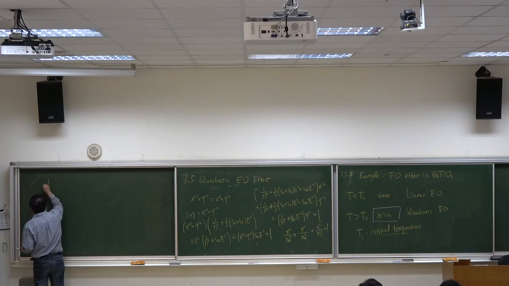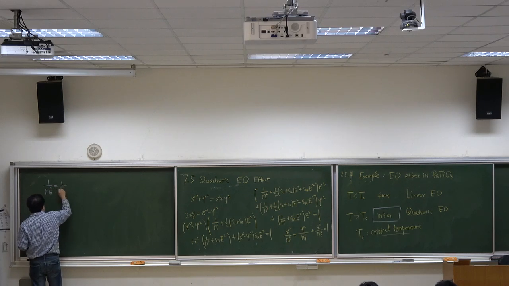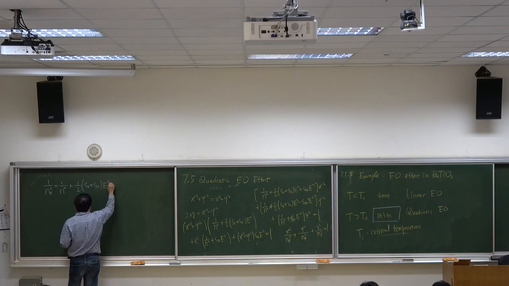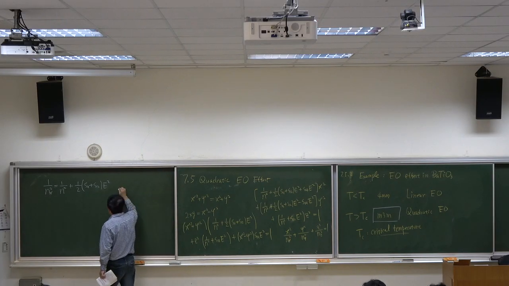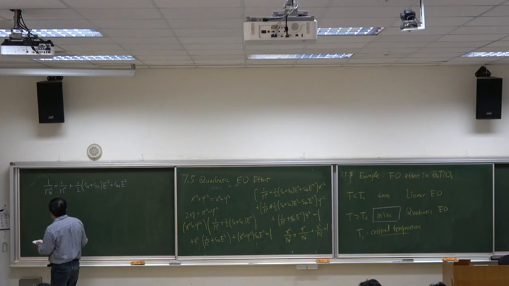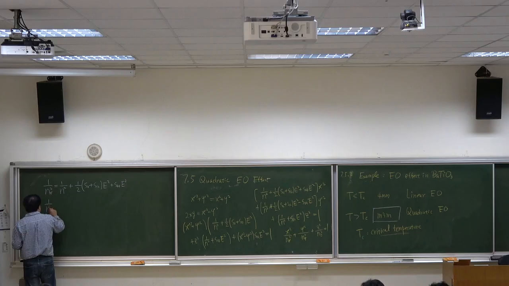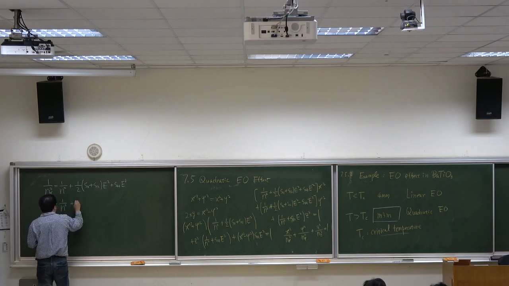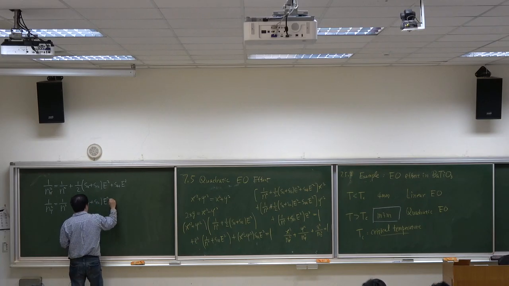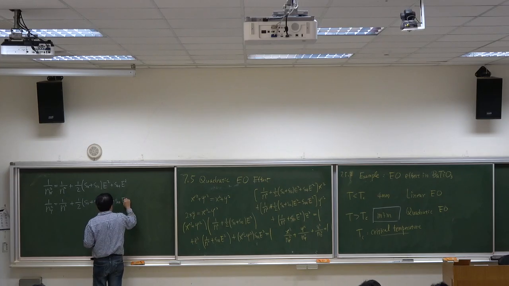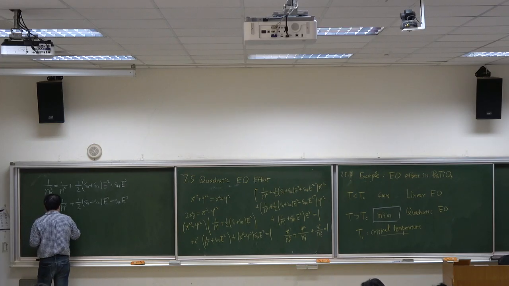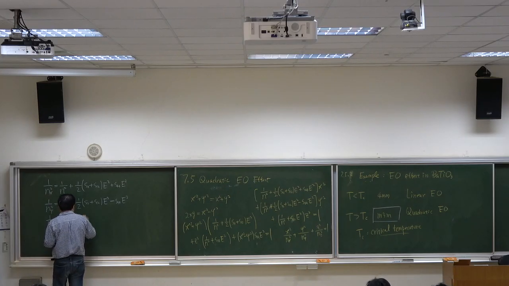So this means 1 over nx prime squared is equal to 1 over n squared plus 1/2 (S11 plus S12) e squared plus S44 e squared, and 1 over ny prime squared is equal to 1 over n squared plus 1/2 (S11 plus S12) e squared minus S44 e squared, and 1 over nz squared is equal to 1 over n squared plus S12 e squared.